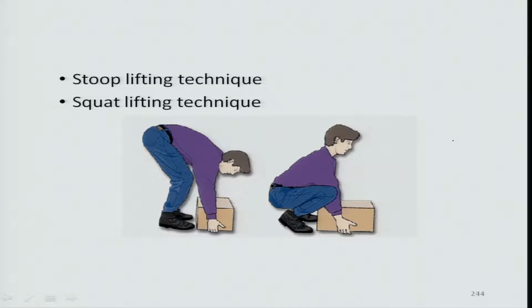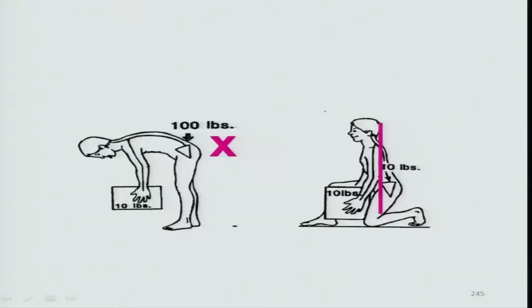So, these were the two different postures, and we advocated that in the squat lifting technique there may be a lesser possibility of damage to the musculotendinous structure which the human body has.